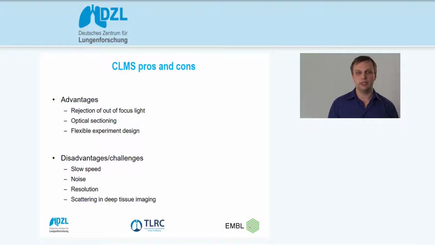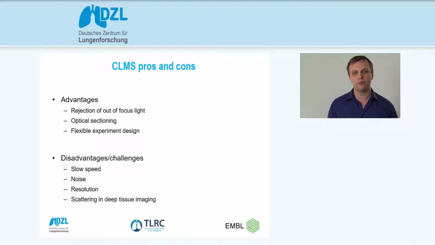Another disadvantage is image noise. This is due to the fact that we focus on each individual point only for a very short time, and we capture a very small number of photons from each individual point. The next point is resolution. Of course, it's better than the resolution of a standard epifluorescence microscope, but we don't get any improvement in practical situations in lateral resolution.